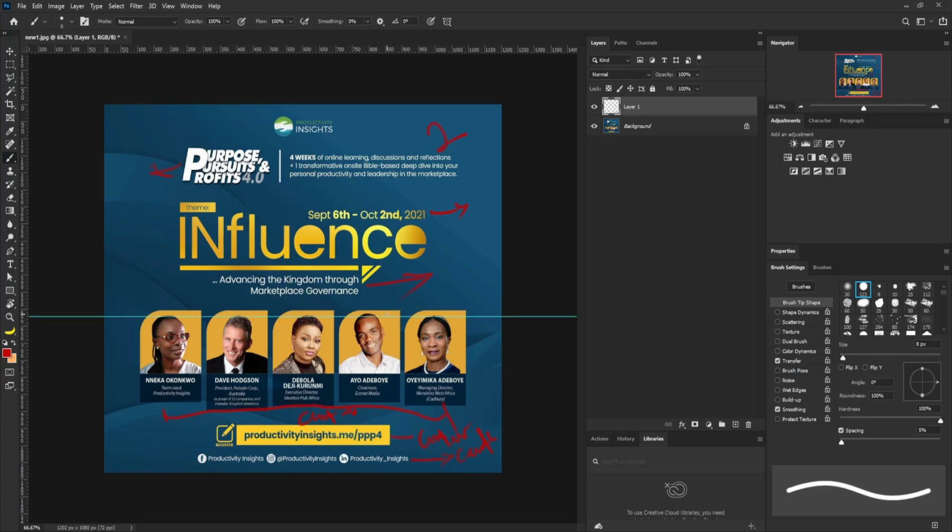You see this guy's head is out of the frame, out of the line, and the other heads are aligned. Then another thing I noticed is that this person's head is bigger than this person's head, which is bigger than this one. This one is bigger than this one, and is bigger than the rest. So you need to watch out for that.